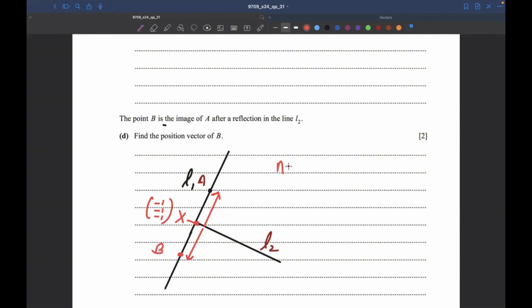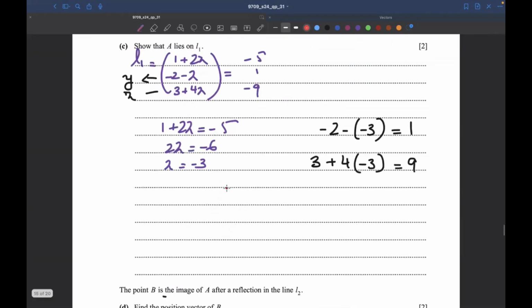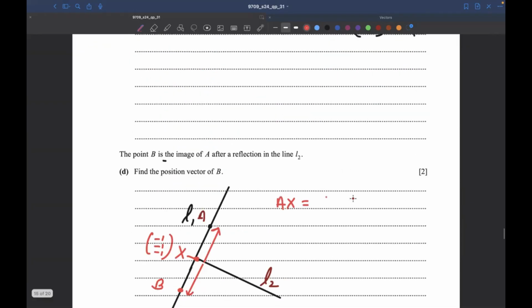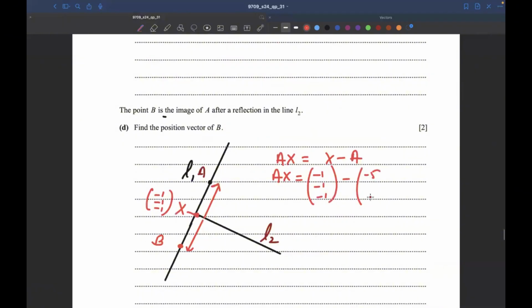If we find AX, the point A is -5, 1, and -9. So AX will be X minus A, which is -1, -1, and -1 minus -5, 1, and -9.